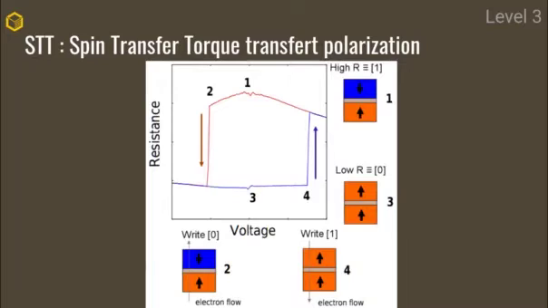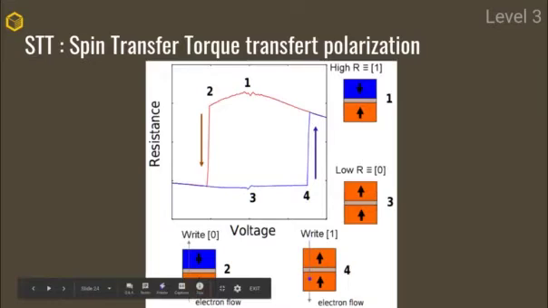So how does this actually work? Say I start here with my parallel configuration. If I want to go to an anti-parallel configuration, I'm going to apply a positive voltage and make electrons flow this way.